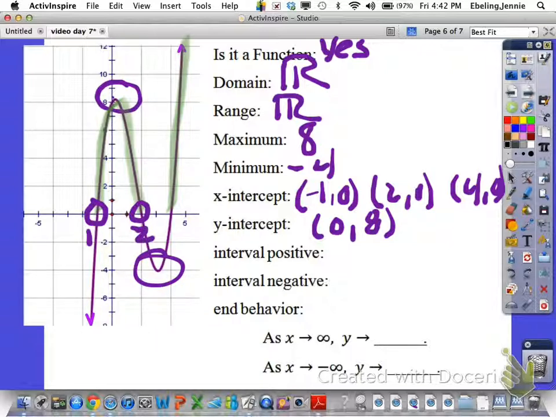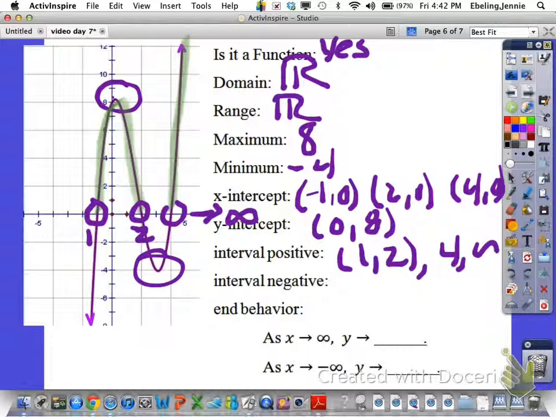So my interval positive, I can say it's from 1 to 2, and it is from here, and it keeps going up, so it's going to infinity, so I'm looking at 4, infinity.